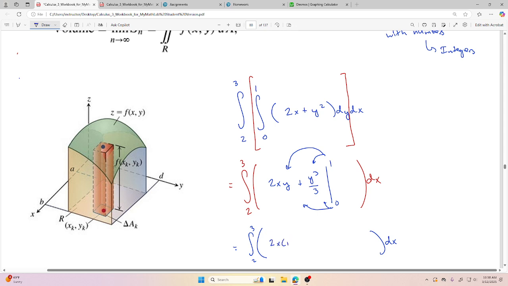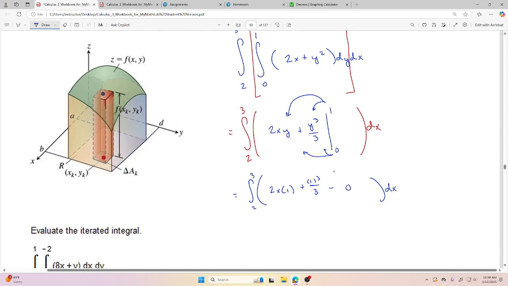So 2x times 1 plus basically 1 cubed over 3 is 1/3. And then, like you said, minus 0, essentially, right? Both of them are going to end up being a 0. And there you go. Basically, we just made it all pretty now. Super pretty.